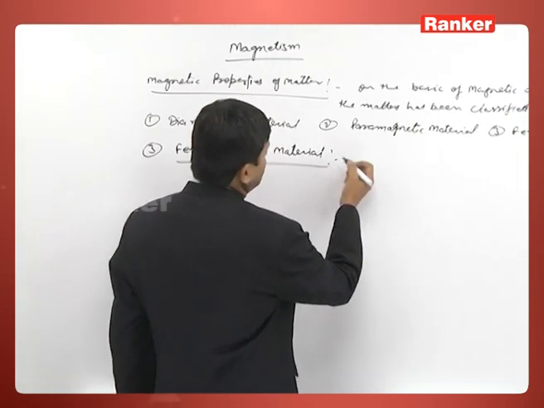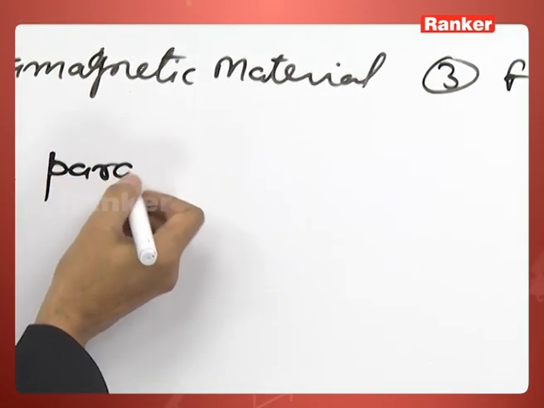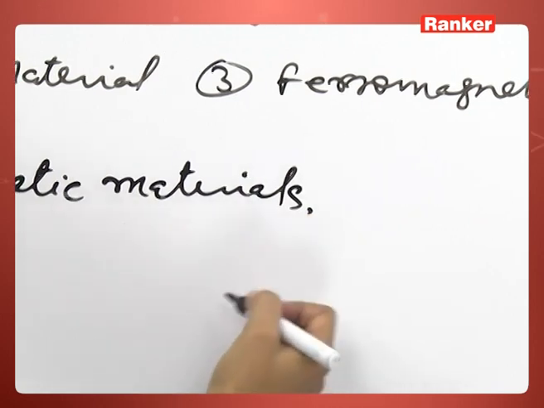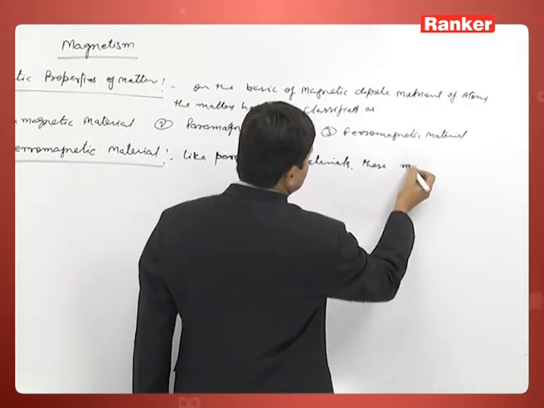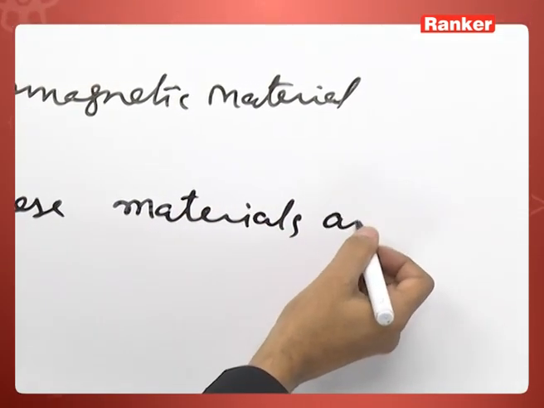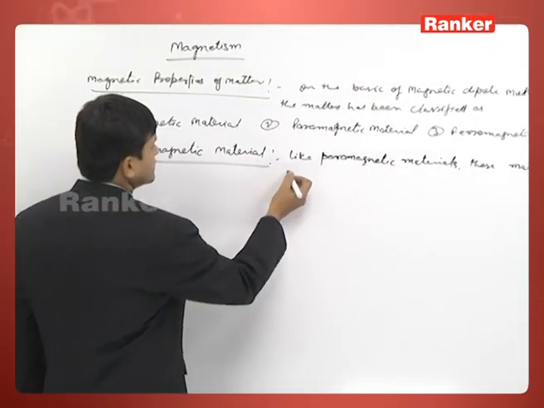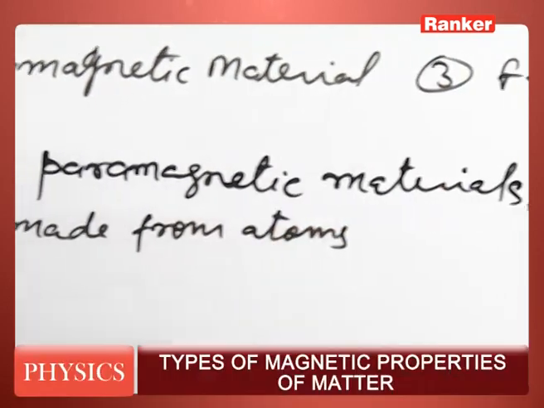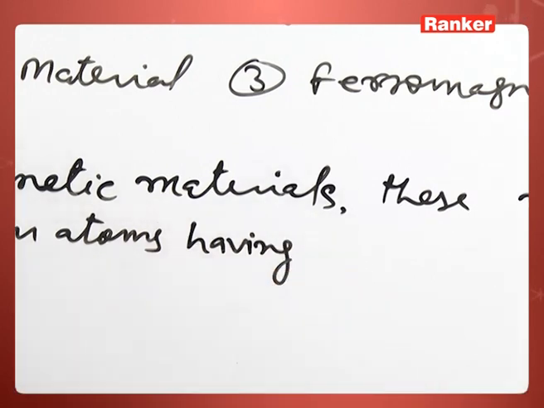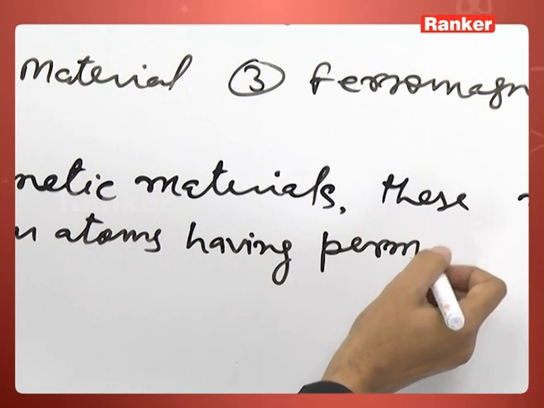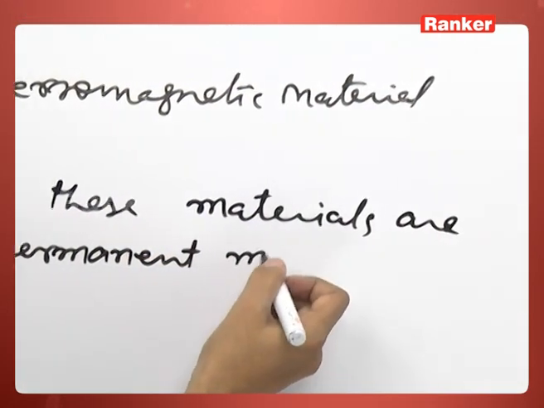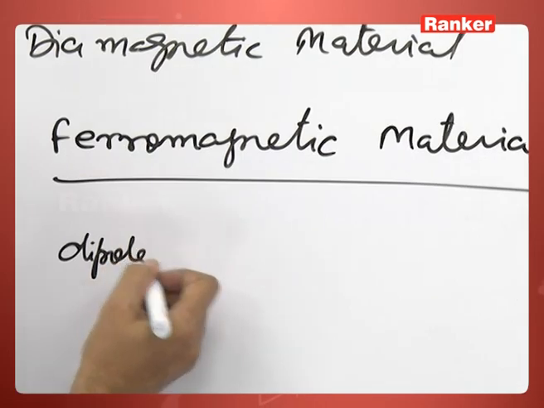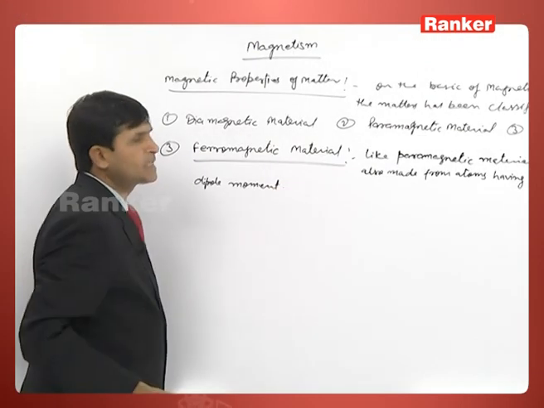So we can write, like paramagnetic materials, these materials are also made from atoms having permanent magnetic dipole moment.